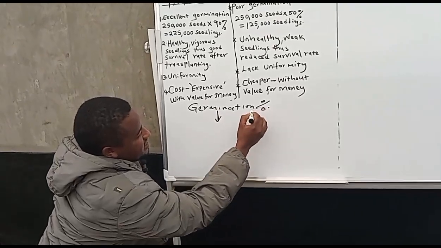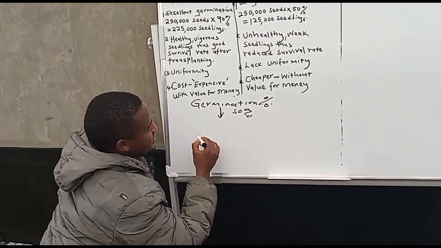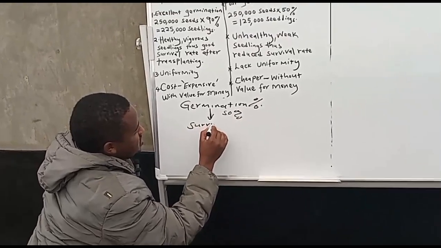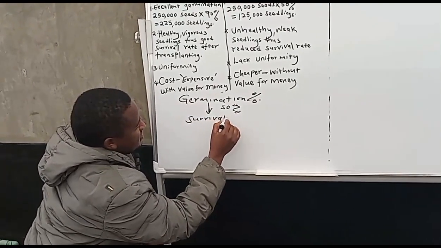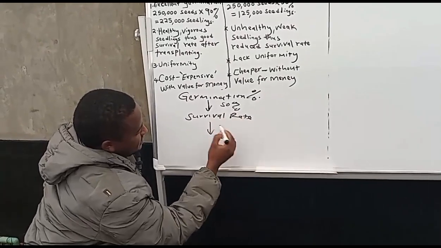You lose some seeds in terms of germination percentage, let's say 50%. We also have something else we call survival rate. Again, you lose a percentage, let's say 20%.